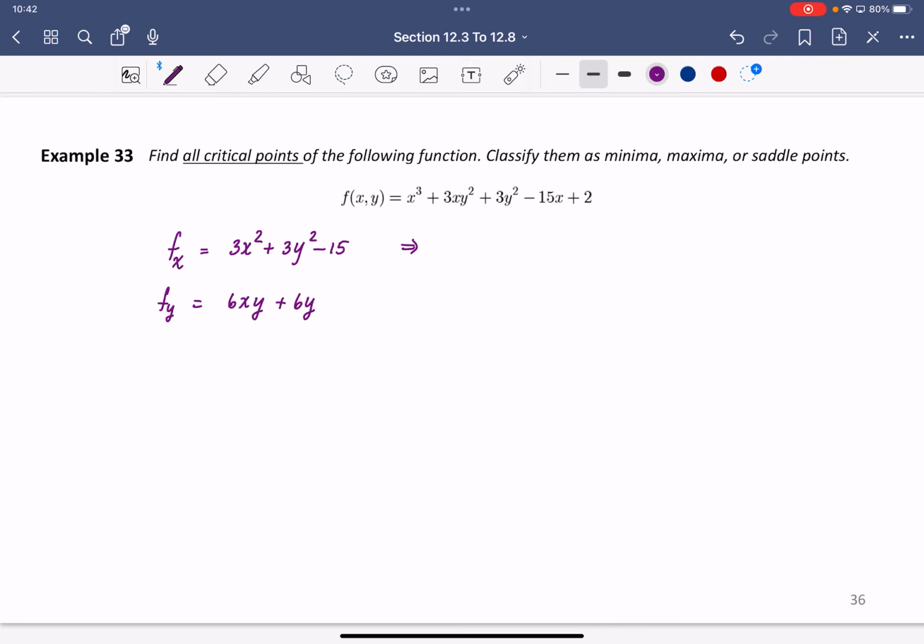And then now you differentiate one more time. Here you're gonna get 6x. Here you're gonna get 6x plus 6, right? And then now you're gonna have f_xy, which is you're gonna get 6y. And this is the same thing with f_yx. So you computed all the derivatives already.